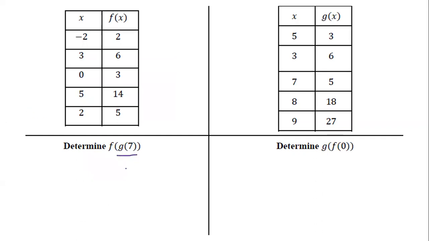So I'm going to go to table G, find the value at 7, and then I go on to the next. So table G, the value at 7 is 5. So now this becomes F of 5. Go to table F, the value at 5 is 14. So my answer is 14.